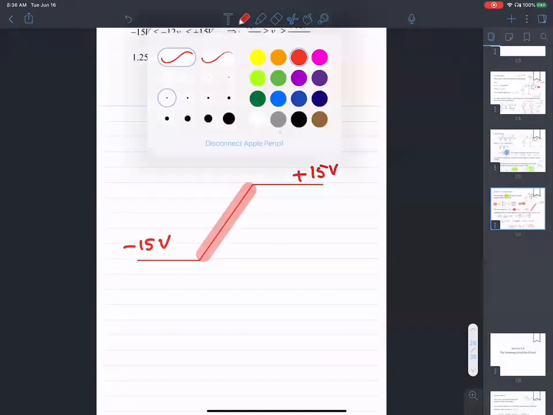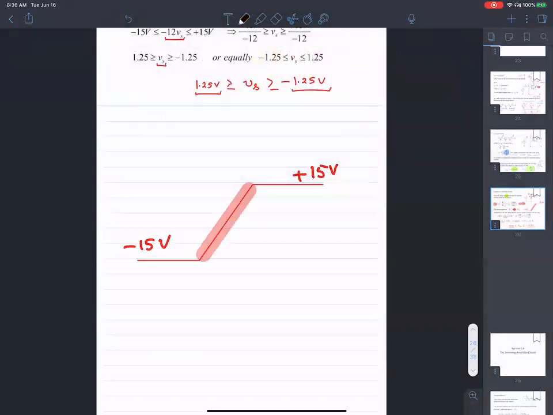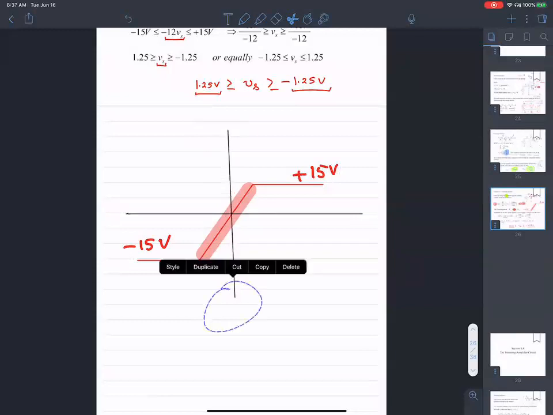Okay, if I were to plot it along the x and y axis, I want to be sure that this is passing through the origin.